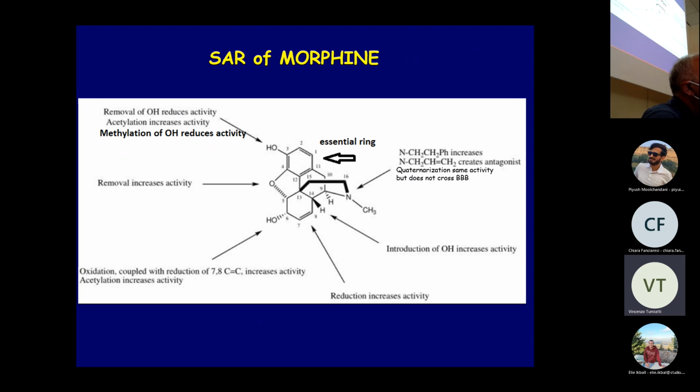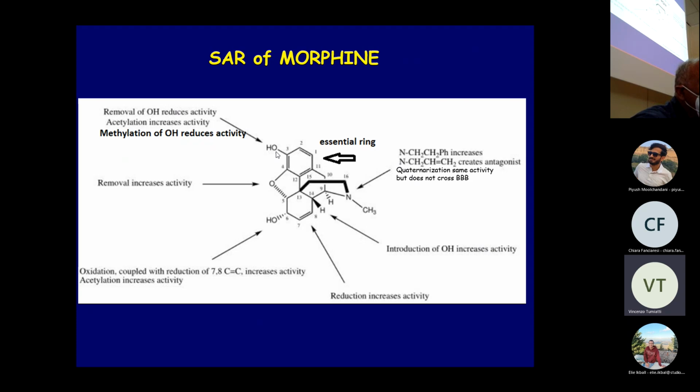It's important because, if you remember, this ring is the same ring found in enkephalin, methionine enkephalin. So this type of function is necessary, essential. Also, the phenolic OH group is important. It is able to give an additional hydrogen bond with the receptor.